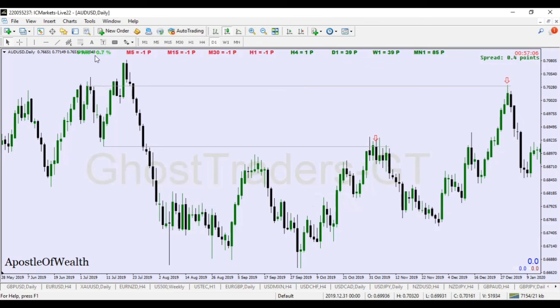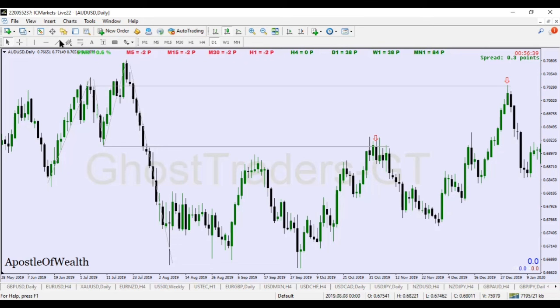Okay, so let's look at this. For those of you who are not well equipped, let me just draw this. Just look at this. Price came to this level, it formed something like this, and then we have price coming up, then price going down.